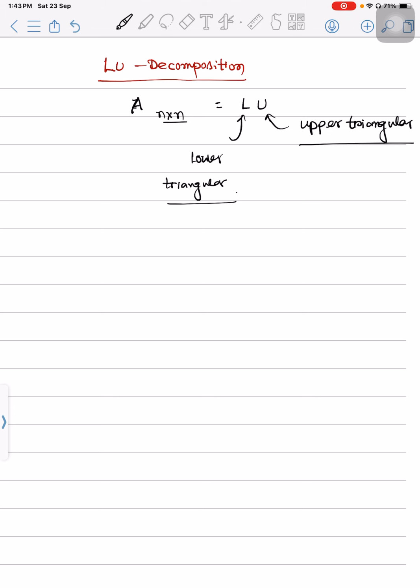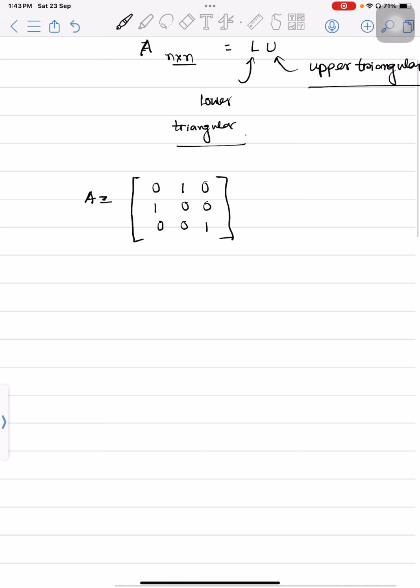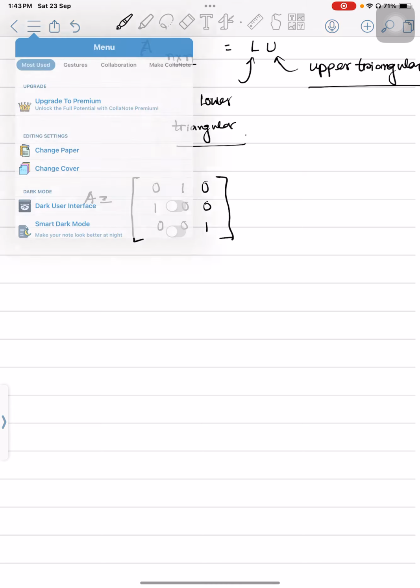You can see, let's take this matrix. So the question is, can we decompose this matrix in LU form? For now, let us assume that we can decompose.